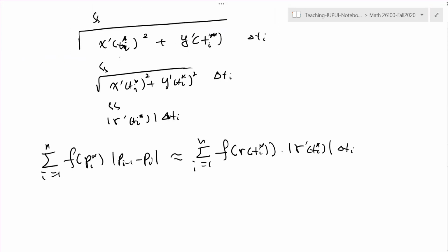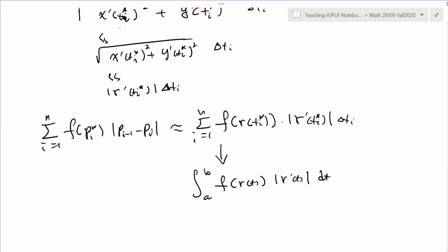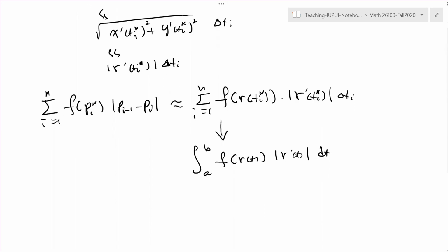Then it's clear that the limit is going to be the integral from a to b of f of r(t), times the length of r prime t, dt. So now we have the following formula.